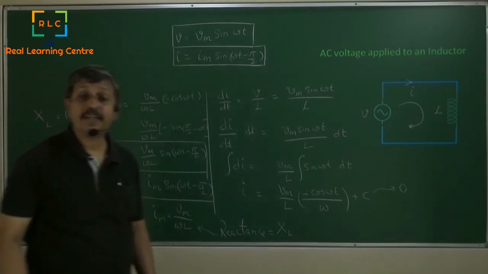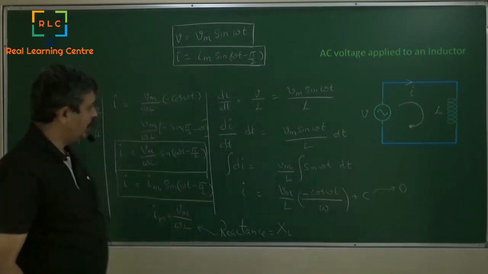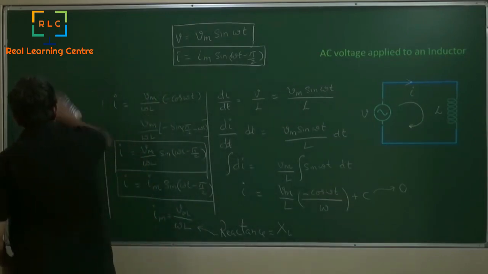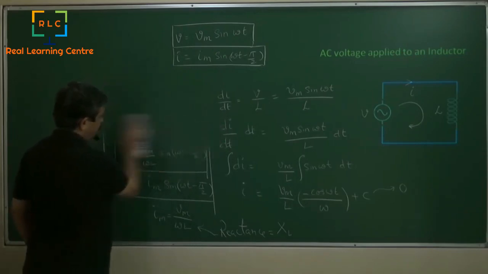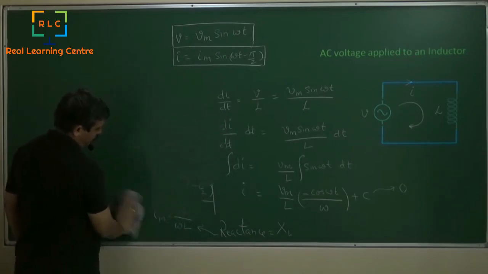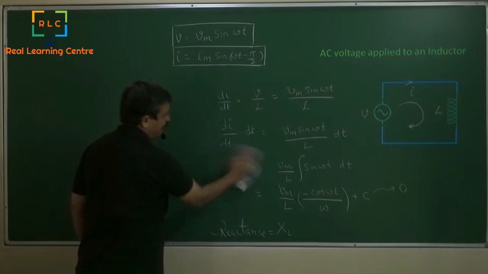What is the meaning of minus pi by 2? We will come to know when we look at the phasor diagram. So let's now use our new tool called the phasor diagram.